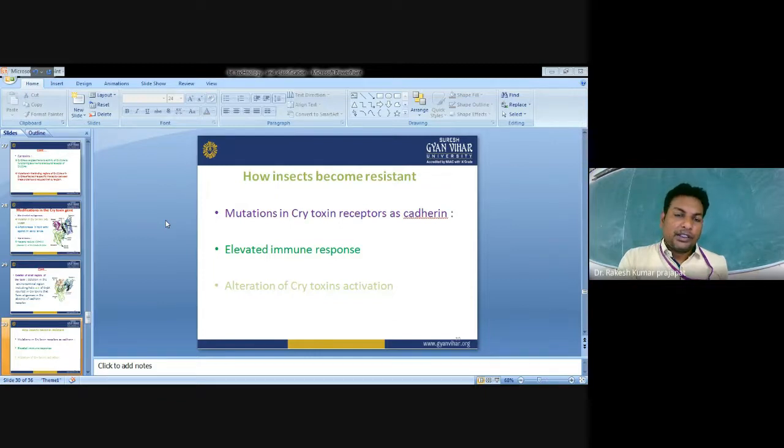Third, alteration of activation: they can alter the mechanism of Cry toxin activation in the insect midgut.